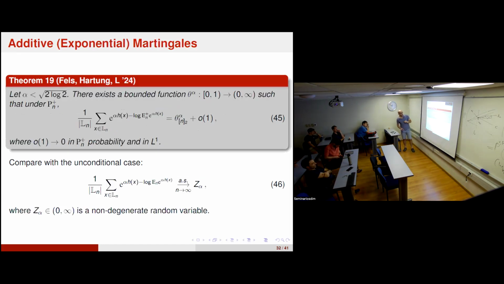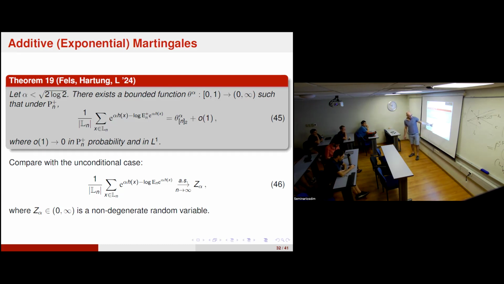And lastly, for exponential martingales, for people who are familiar with branching random walk, if you take a usual branching random walk and you look at this guy, this is a martingale, so you just essentially divide by the mean. These are called exponential or additive martingales. They play an important role in the theory of branching random walk and Gaussian free fields, and they converge to a limit law that's an exponential of the value of the field at level alpha.